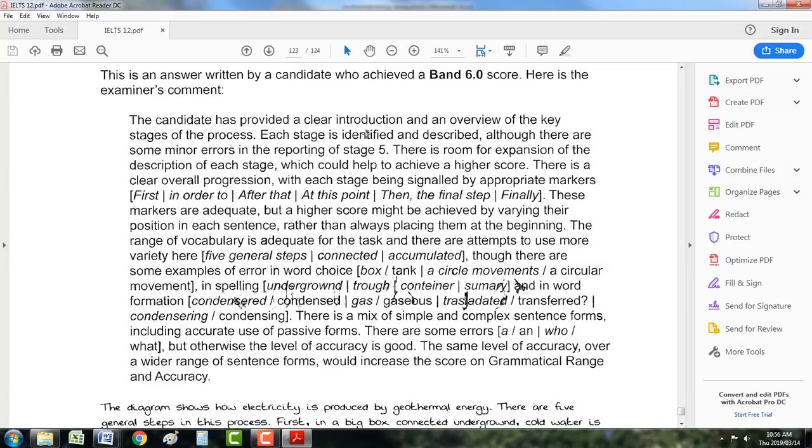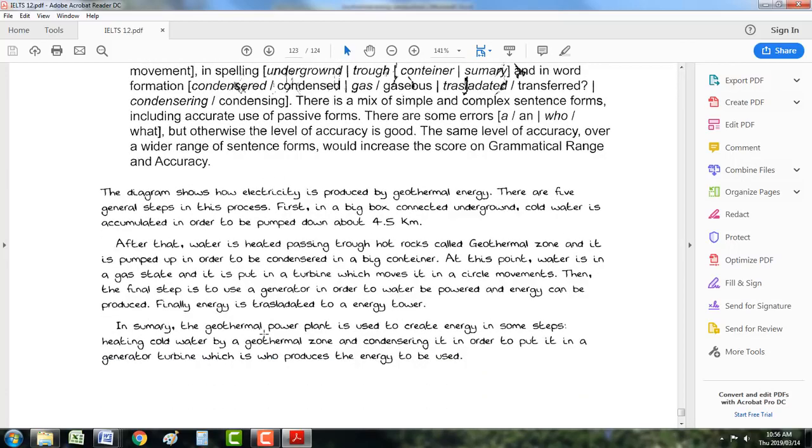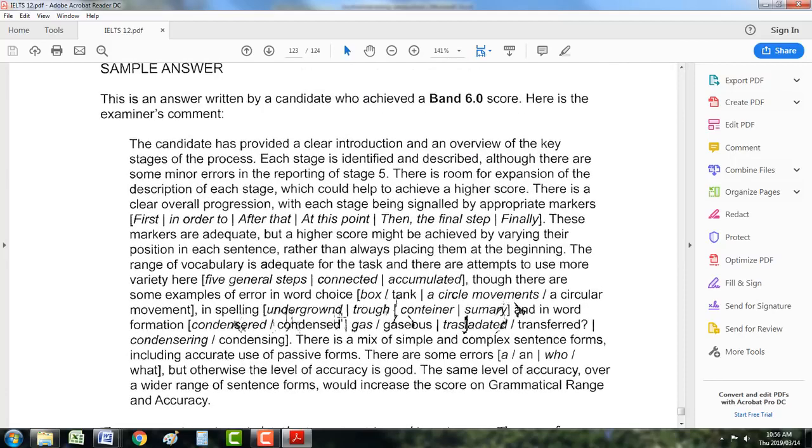Each stage is identified and described. Great, we did that. There are some minor errors in reporting. Okay. There is room for expansion of the description of each stage, which could help. Okay, to achieve a higher score. Yes, okay, but that's if you're writing very quickly and you have enough time. Because this, I counted, this is 140 something words, so it's enough.